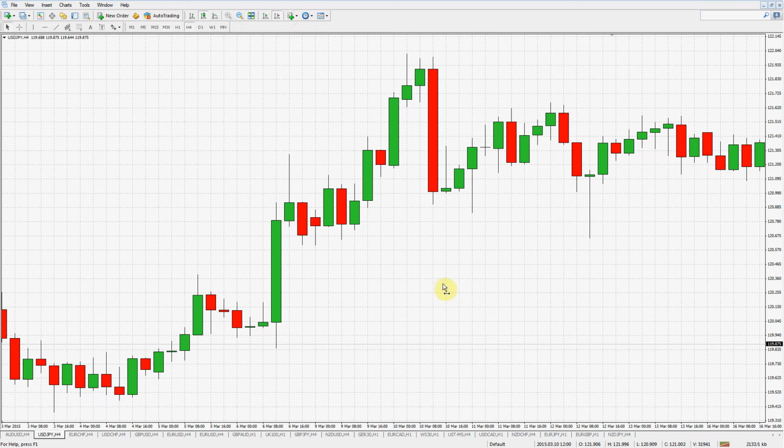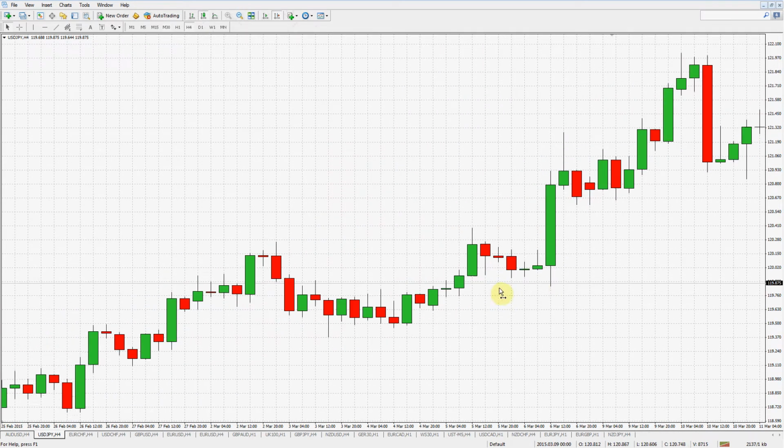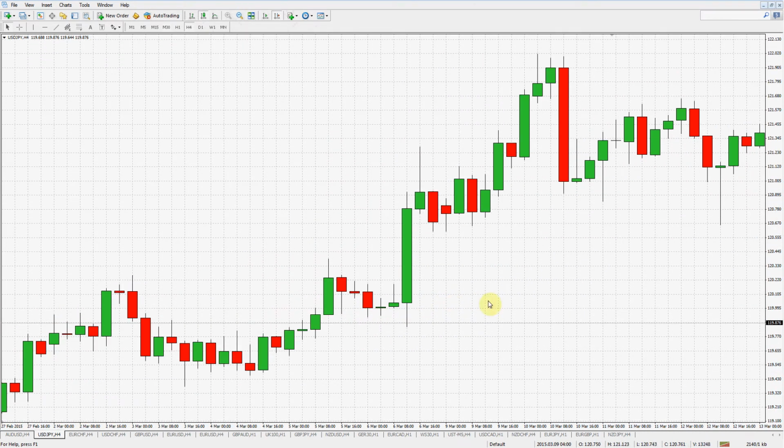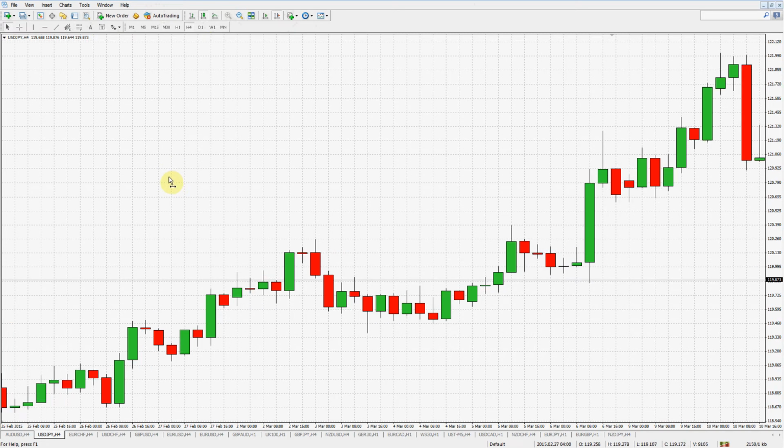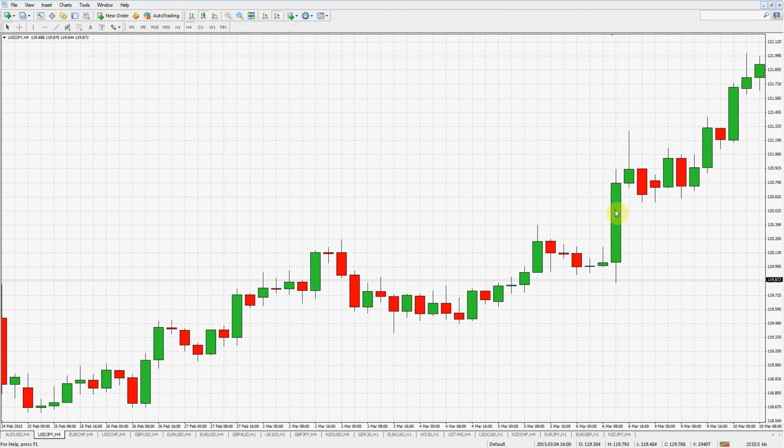Let's say we want to try and get into the US dollar yen. We've got a feeling that it's going to continue up. We know that the US dollar is stronger than the yen at the moment, so we're looking for a potential buying opportunity.